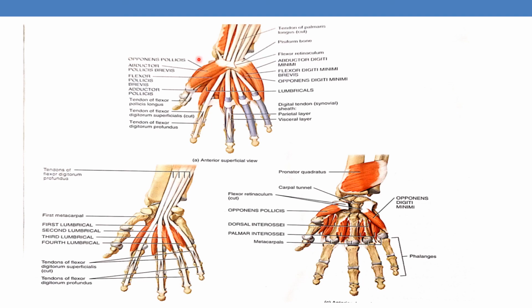Now coming to the lateral aspect, this small one is opponens pollicis. Next, this big one is abductor pollicis brevis, and below it is the flexor pollicis brevis, and this one is the adductor pollicis. These all deal with movements of the thumb.